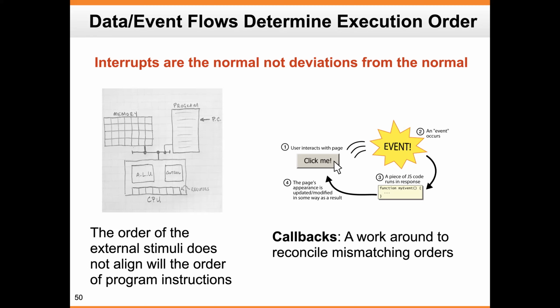Actually, what I need to do here is to say that there is a dependency between the event, click me, and the appearance of the web page. Or there is a dependency between new data arriving and some plots displaying some statistics about the data.